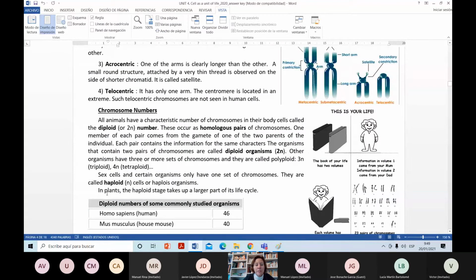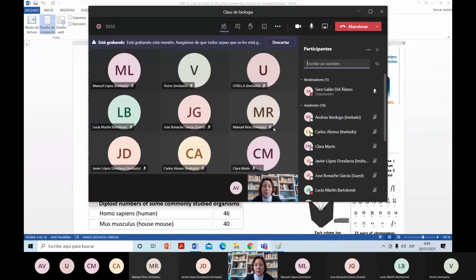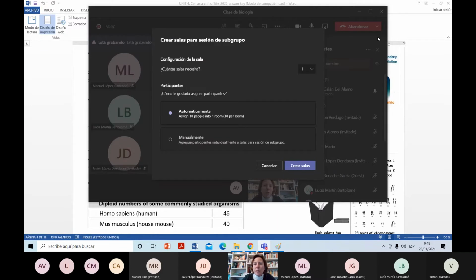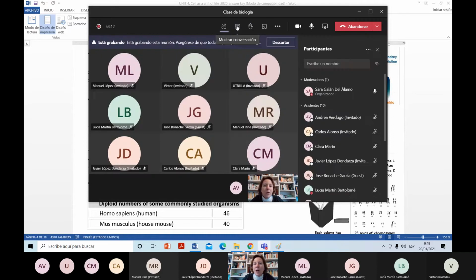Opposite to diploid is haploid. So if the question in the exam was, what is the haploid number of chromosomes in humans, Andrea, what would be your answer? What is our N number, the haploid number?